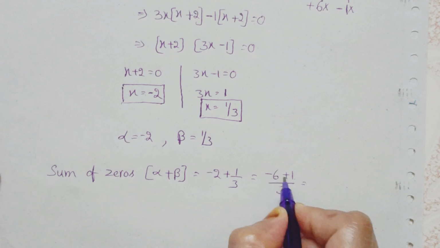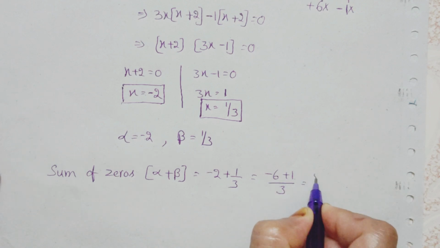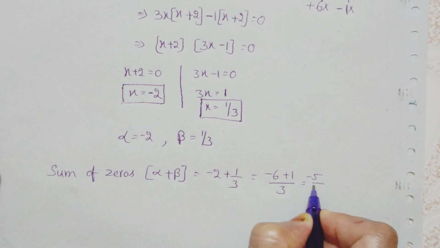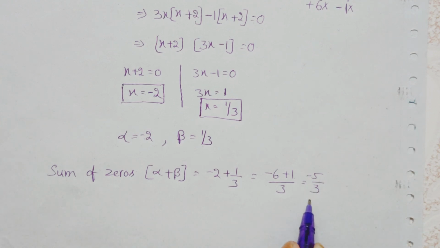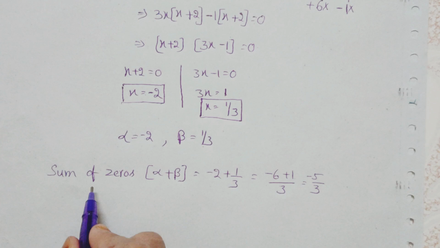Here −6 + 1 means −5, so −5/3. So this is the answer for the sum of zeros.